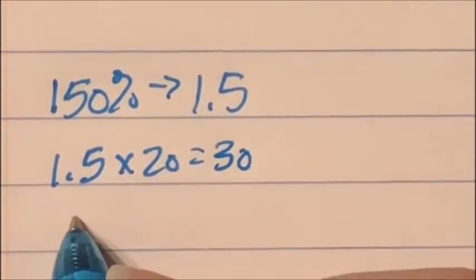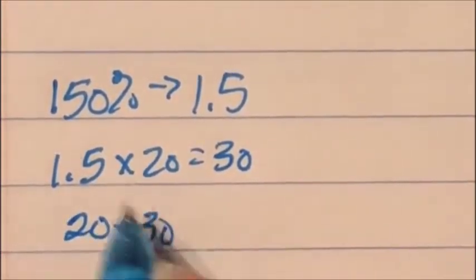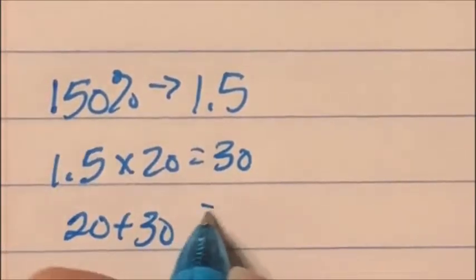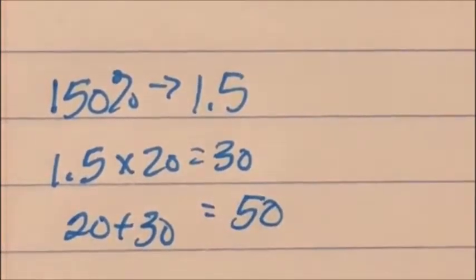Okay, and then I add that 20 plus 30 because it's more than 100%, equals 50. So 150% of 20 equals 50.